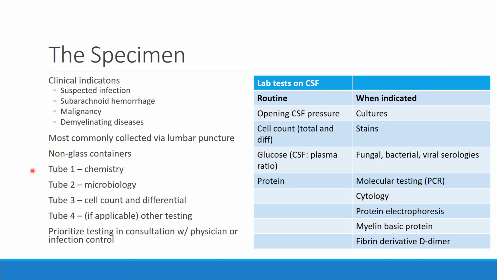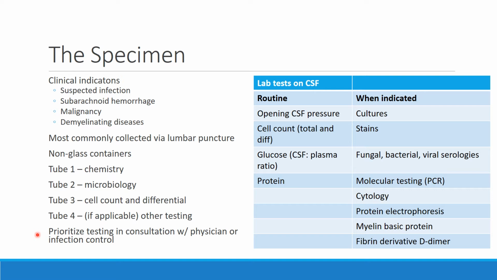If you have enough for all of the labs, then the first lab that will get it will be microbiology. If you don't have that much in there, you need to make sure hematology gets theirs because that's the most important information. Okay. So this is where you really need to be in contact with the physician who collected it. I have heard from more than one physician them say, you know, what do other doctors order on these things?